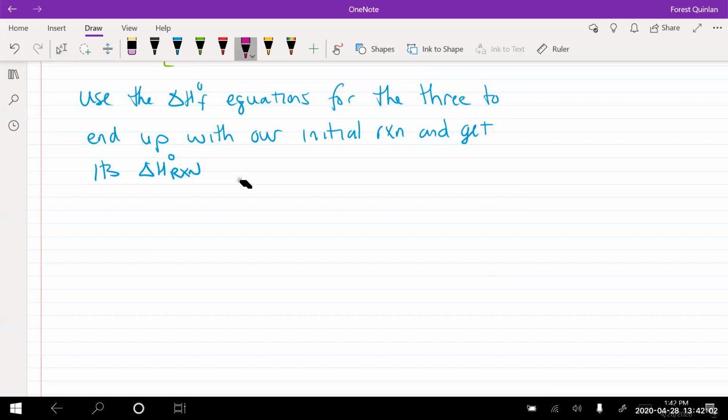So what I'm going to do is write C2H5OH goes to make 2 carbons, half of an oxygen, and 3 hydrogens. Now, again, all these delta H naughts of formation are to form that substance. We are not forming it, we're actually going quite the opposite.